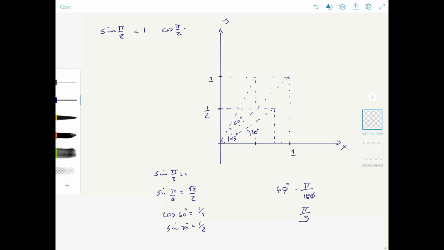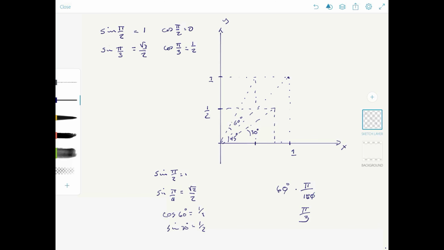Sine of 30 degrees is 1/2, and you can go 60 degrees times pi on 180, so that's pi on 3. So we can start creating a table.